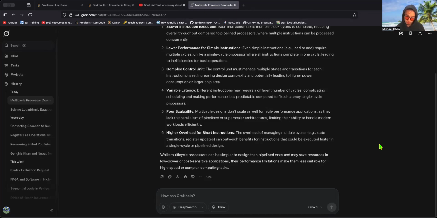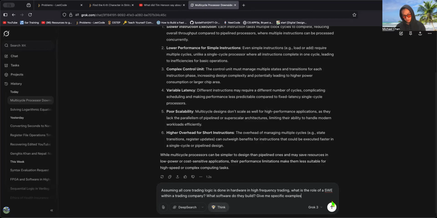So, assuming all core trading logic is done in the hardware in HFT, what is the role of a software engineer within a trading company? What software do they build? Give me some specific examples, I guess.